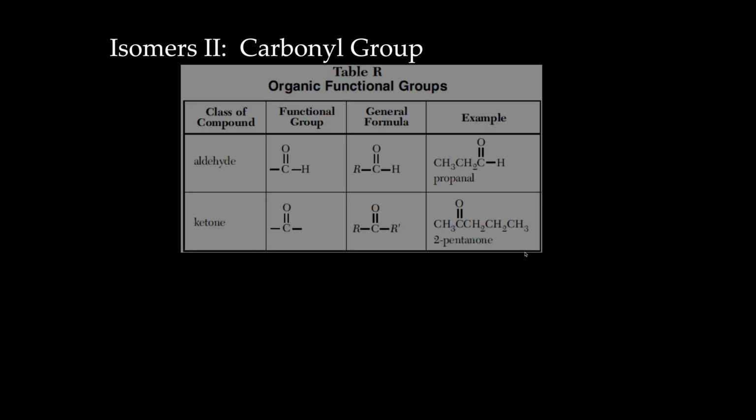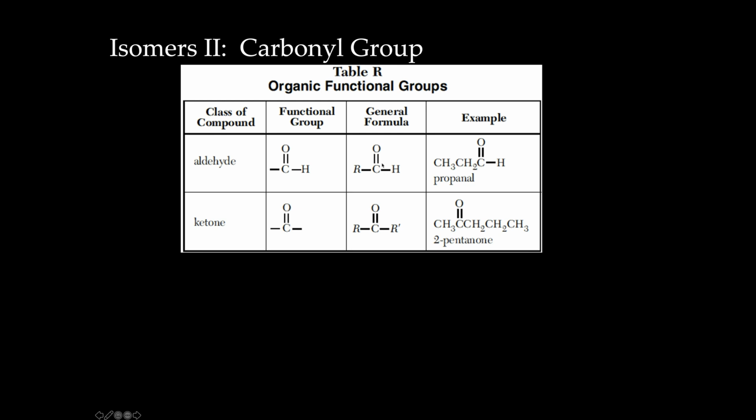Second type of isomers are those that involve double bonded oxygens. This is called a carbonyl group. Aldehydes have a double bonded oxygen on the end of the molecule in the primary position. Ketones have the double bonded oxygen in the middle of the molecule in the secondary position.